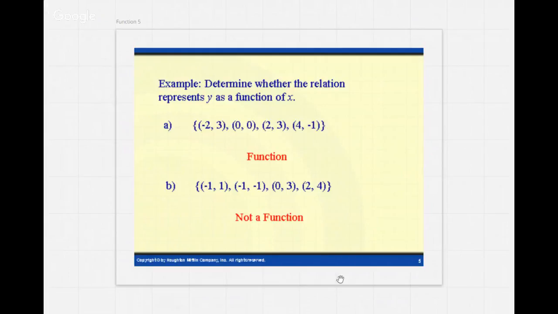But in the second set, set B, -1 goes to two different locations. It goes to a 1 and to a -1, and that's not a function. I always think of this as an example of what's a function and what's not.